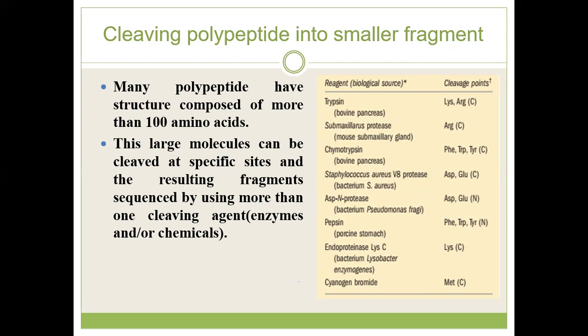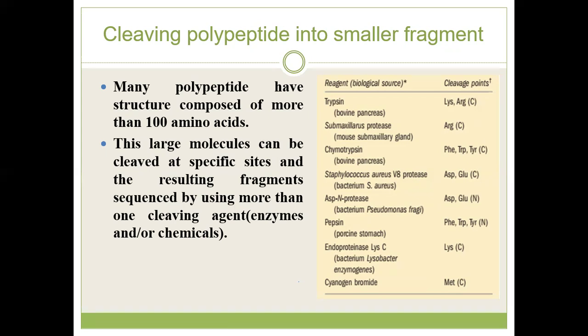It will go to the carboxyl group of each lysine and cut it. So you have 4 cuts from lysine, but it can also cut the carboxyl group of arginine. Assuming you have only 1 arginine, it cuts, and in addition to that, you end up having 5 fragments altogether.